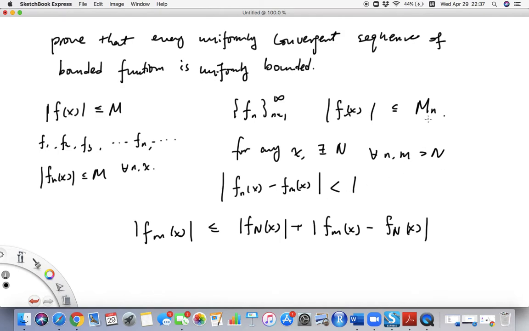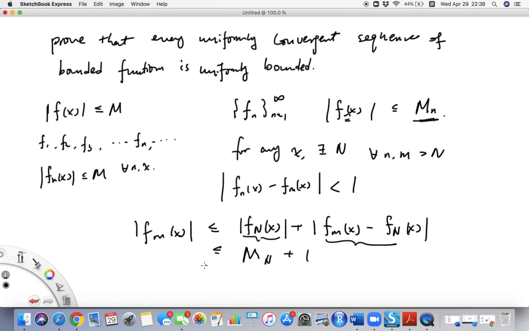The idea here is that this Mn potentially depends on n, so we want to get rid of this subscript n. First we have this inequality. Now we know this is bounded by M sub N plus 1, because this is bounded by 1. So |fm(x)| is bounded by this.